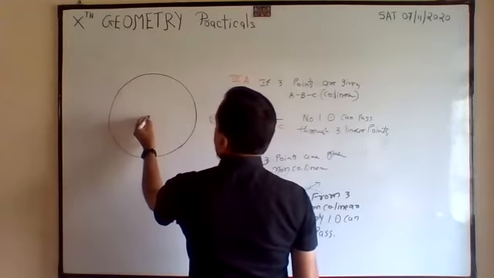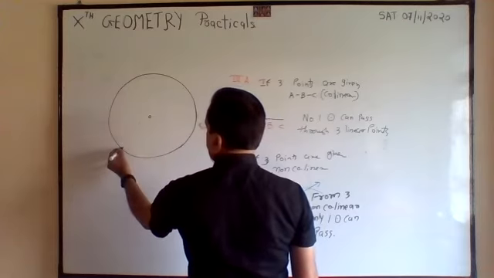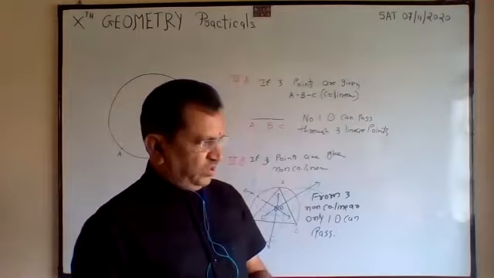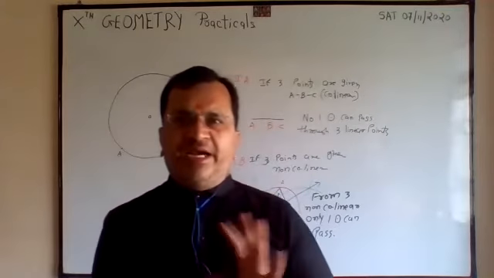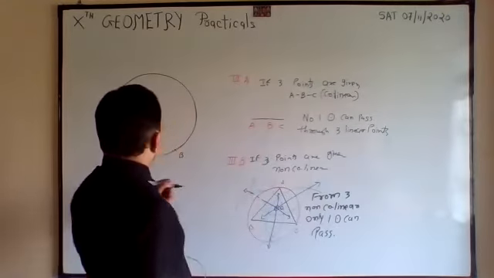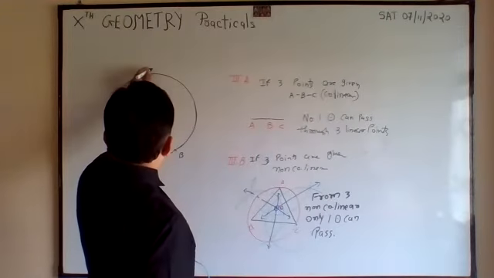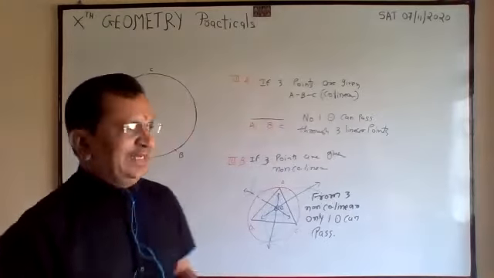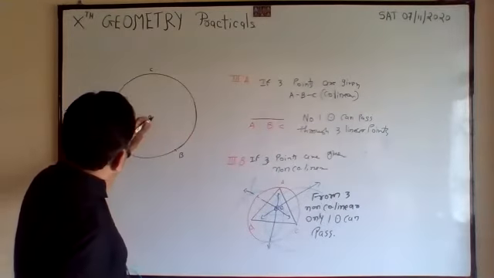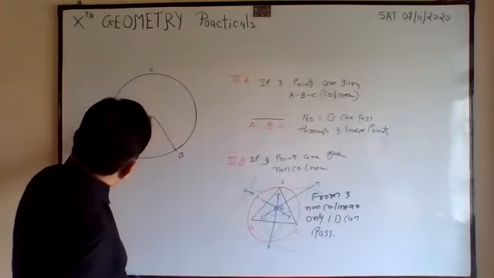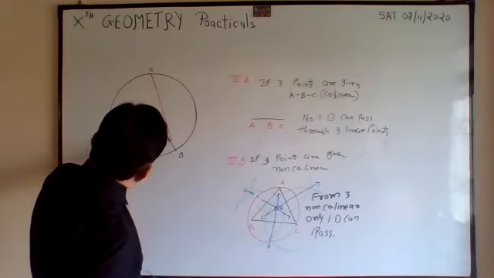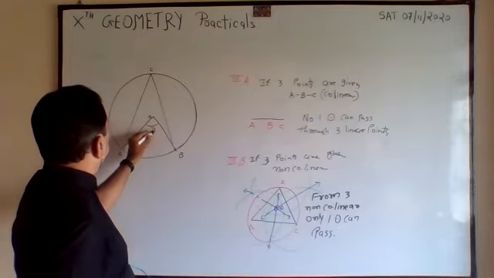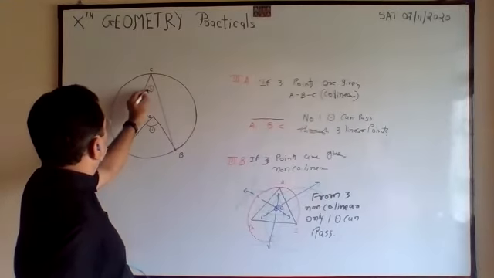Take this as the center O. Cut the arc into A and B. Now, take any point on the circle, C, opposite to that arc. Now, you have to join this, and you have to join this, and this. Measure this first, measure this second.